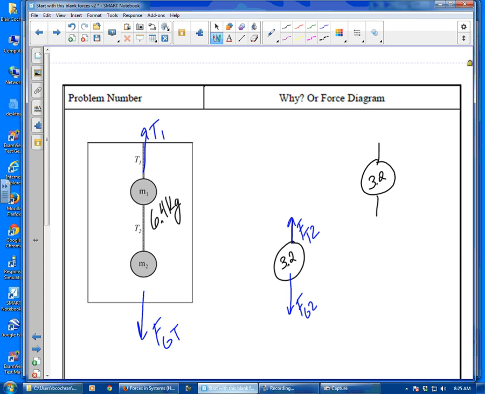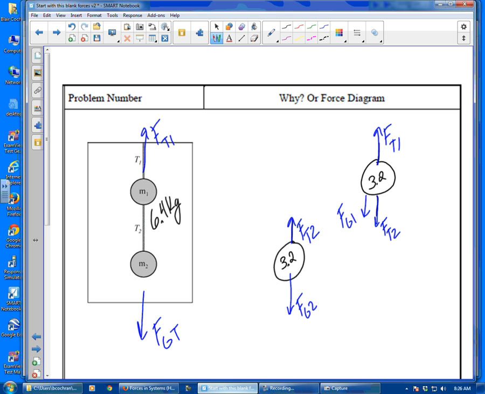Sorry, and I should have labeled this FT1. Here, let's see. Here I'm going to have FT2 down, FT1 up, but also the weight of number 1 down.